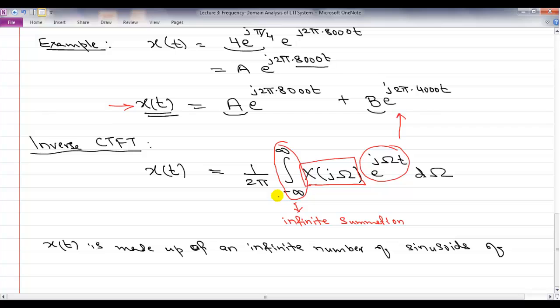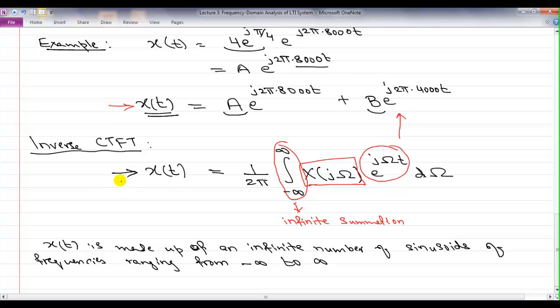It goes from minus infinity to infinity, which means it consists of an infinite number of sinusoids of frequencies ranging from minus infinity to infinity radians per second. So this inverse continuous time Fourier transform is in radians per second.